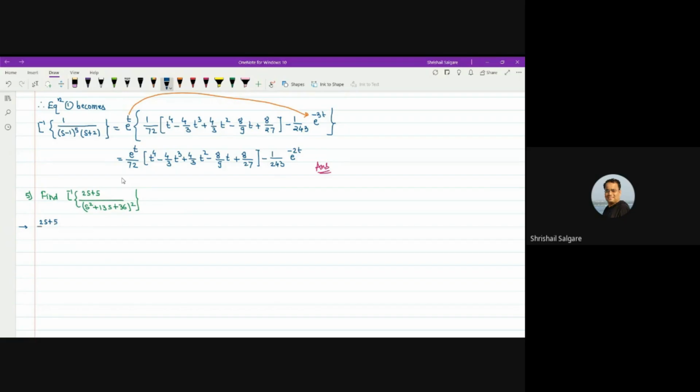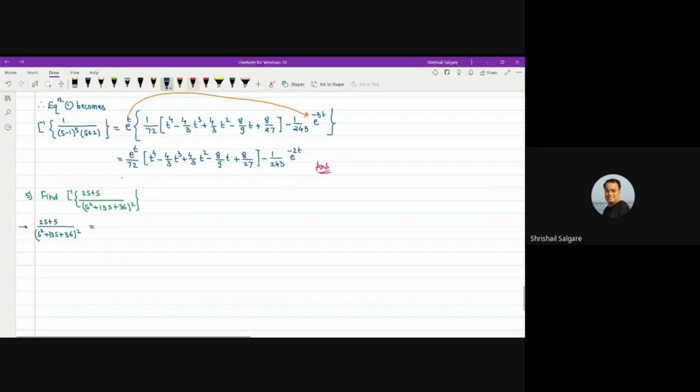Once again, the question is, what is the degree of numerator? One. And degree of the denominator? Four, not 2, because it is square and again it's square. Finally, the degree is 4. Okay, that's why we can apply the partial fraction method.